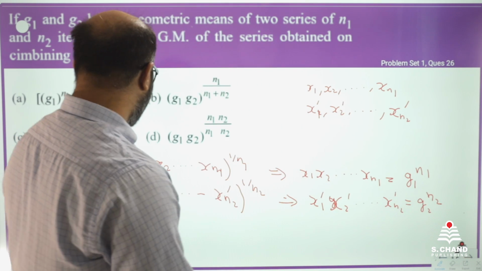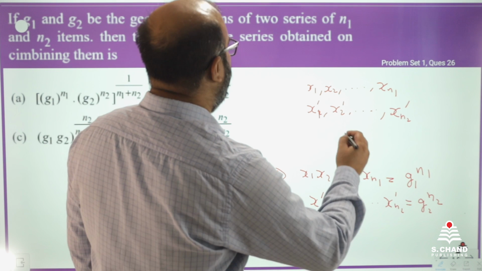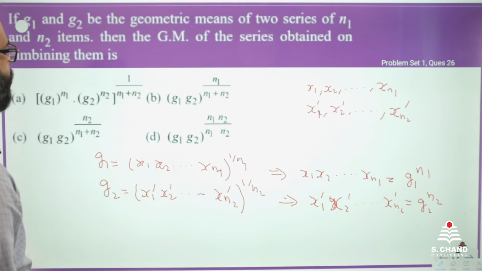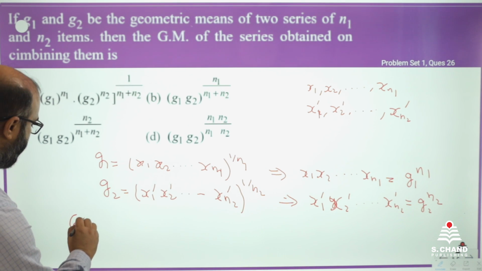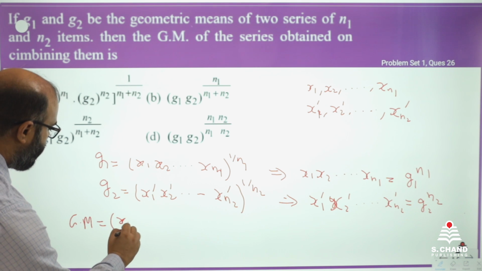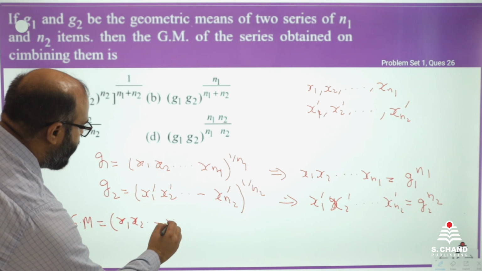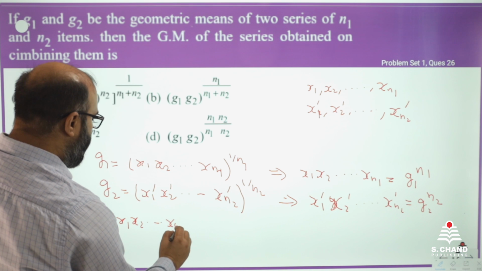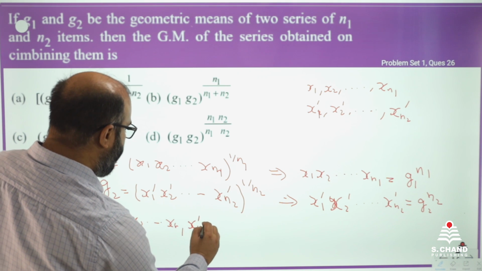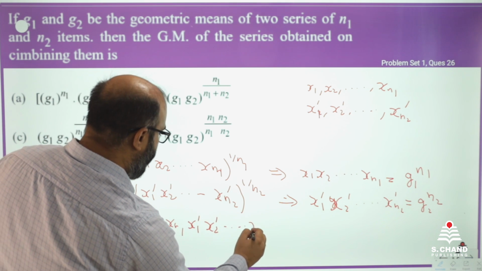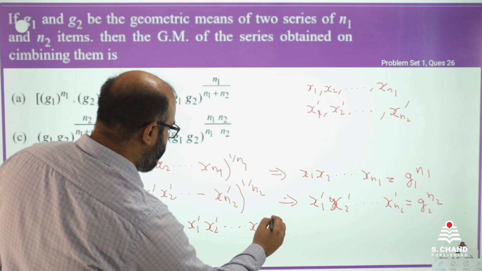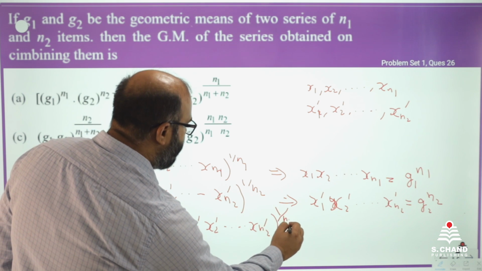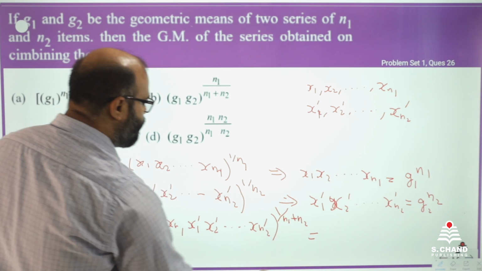Now if you have to find the combined geometric mean, it will be the product x1 x2 and so on up to xn1, into x1 dash x2 dash up to xn2 dash, to the power 1 by n1 plus n2.